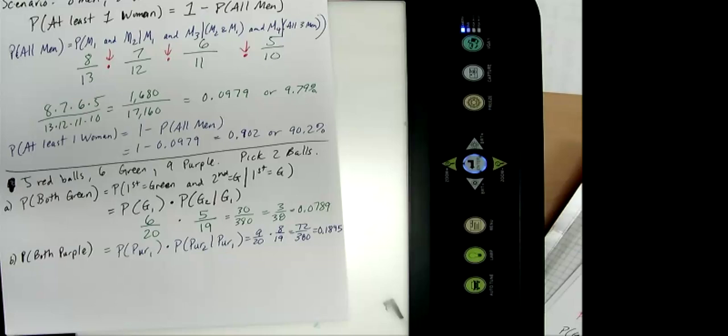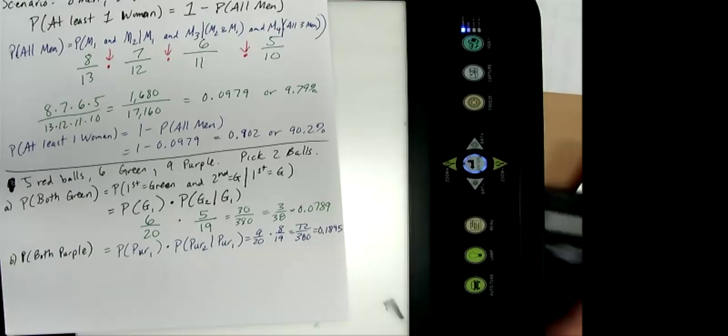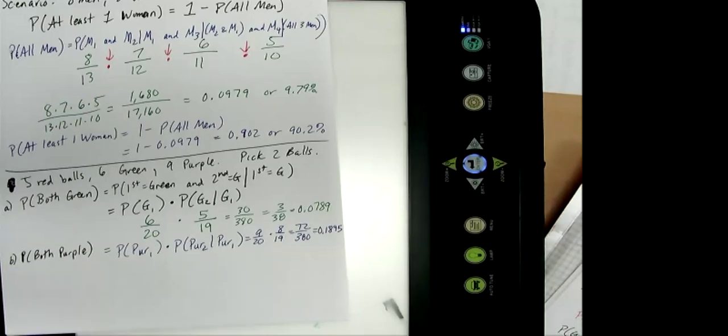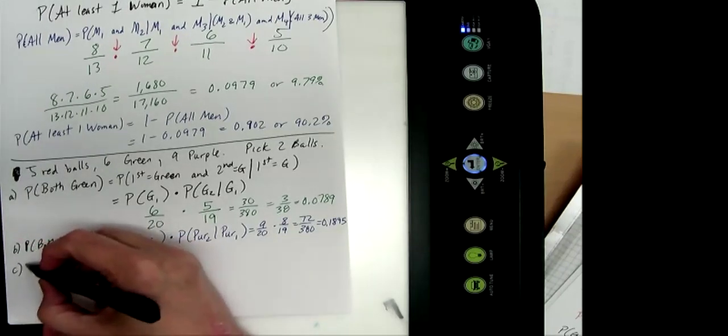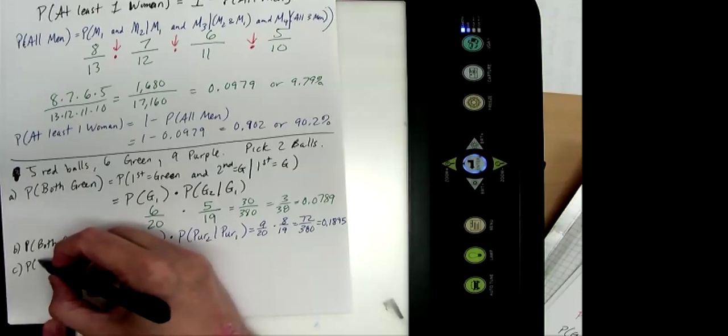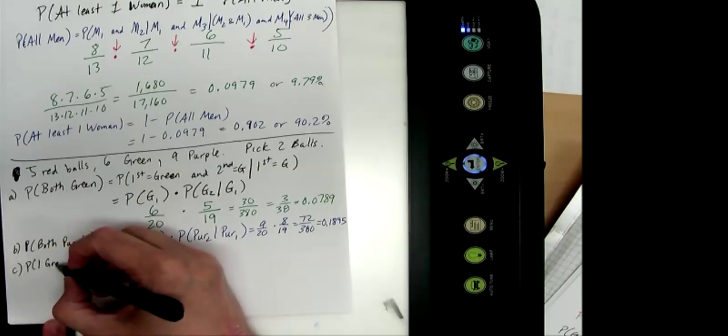I think there's one like this on the midterm too. And A and B, most of you, by that time, you'll have enough practice so that you'll get it. Part C is the one that's gonna trip you up. It's gonna trip up enough of you that you're gonna get it wrong. Part C is gonna be the probability of 1 green and 1 purple.